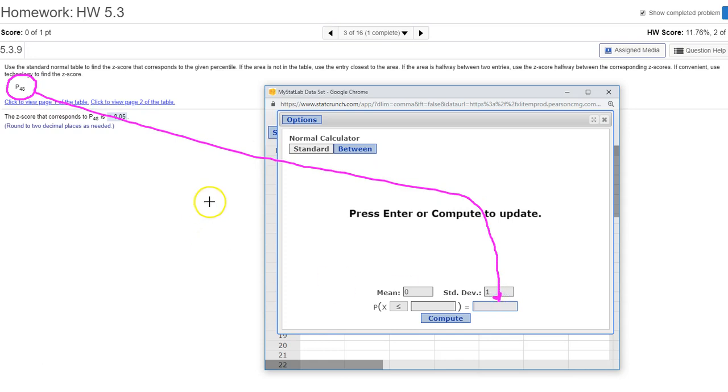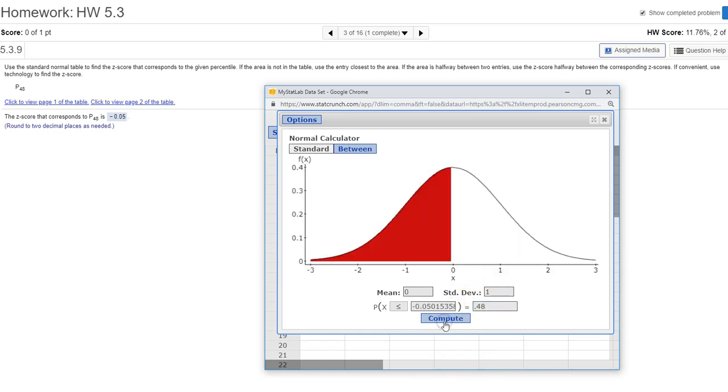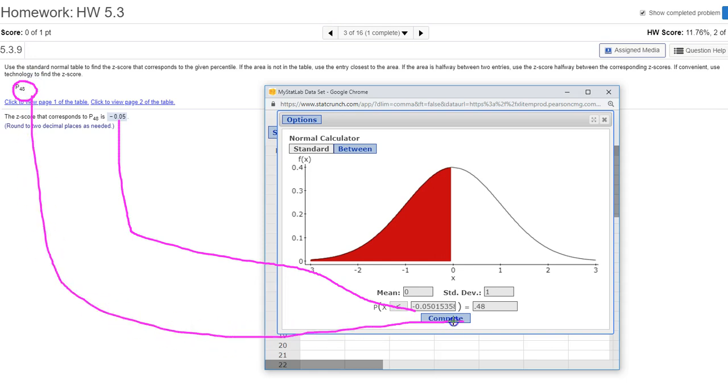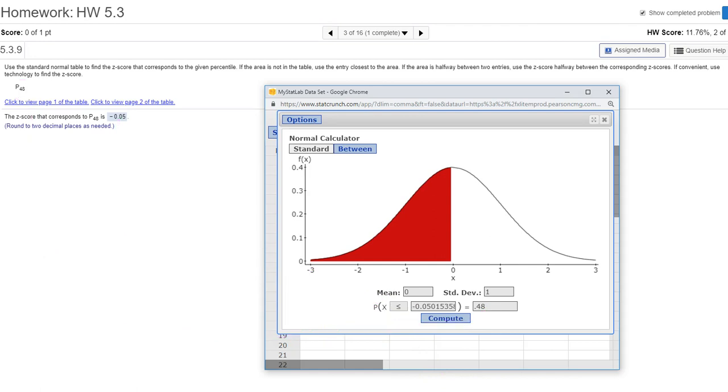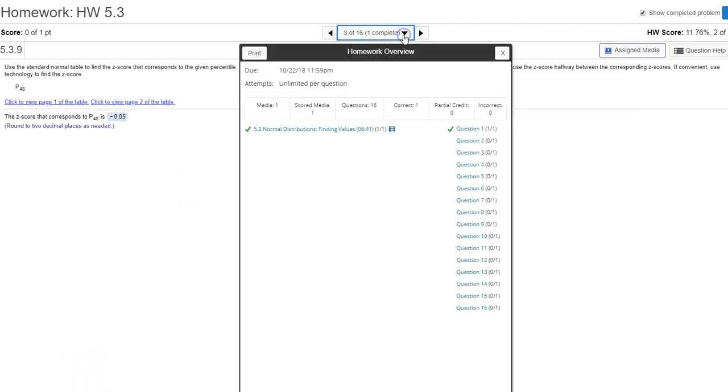Okay, that's my percentage or percentile. Remember, area, percentage, percentile go right here. 48 percentile is 0.48. And compute. And if you see that, the z-scores match. Okay, so you're simply going to plug in your 48% percentile in decimal right here, and you're going to click compute.